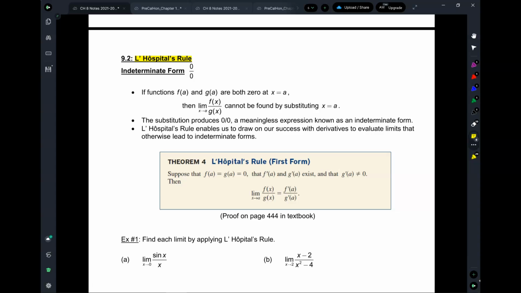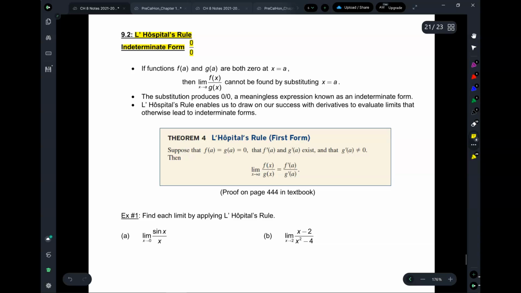L'Hopital's rule tells us another way to find the limit of functions that give us indeterminate form of 0/0. And this is the important thing: in order to be able to use L'Hopital's rule, you have to first get a limit of 0/0 indeterminate form.